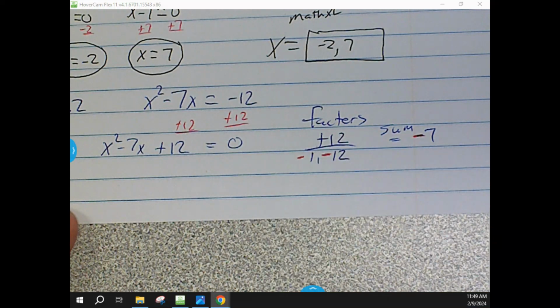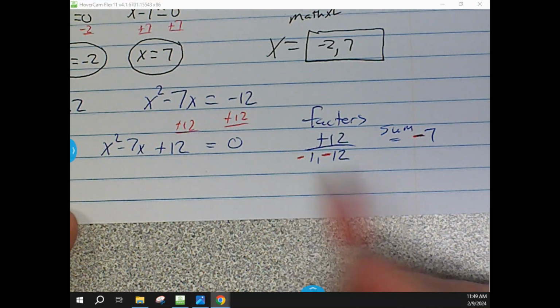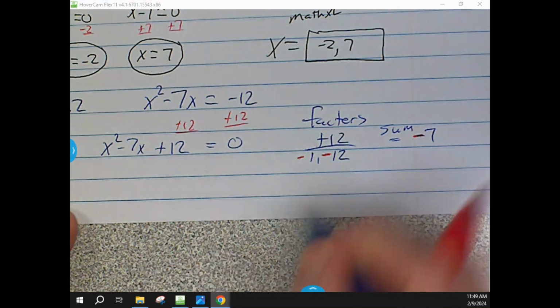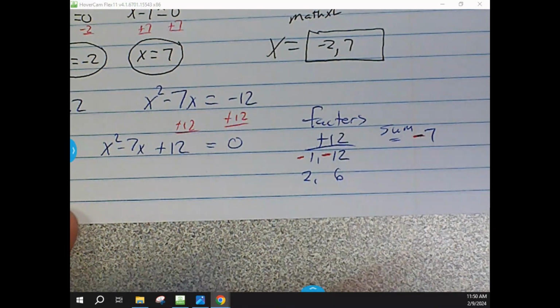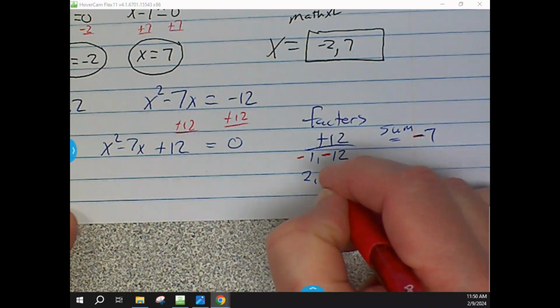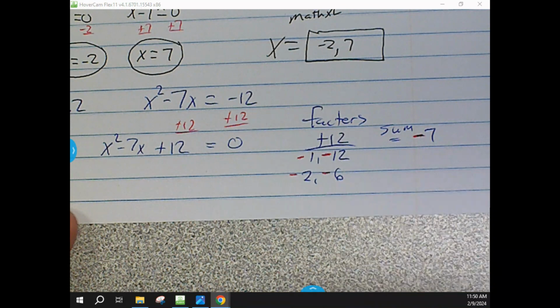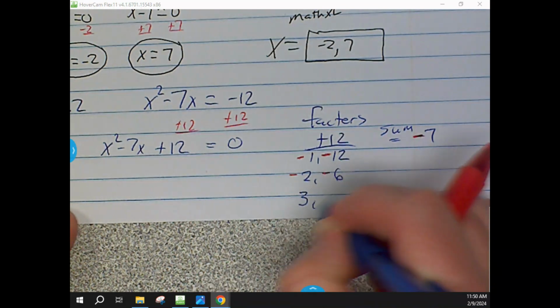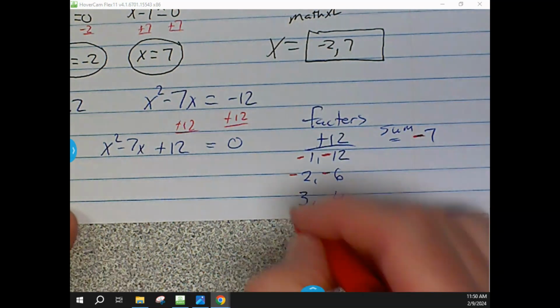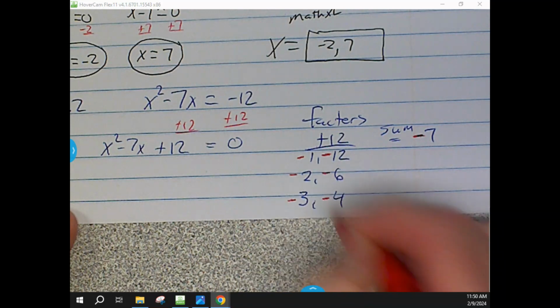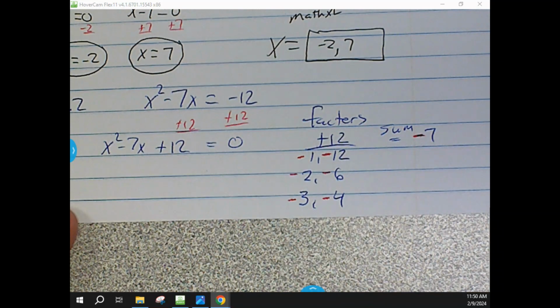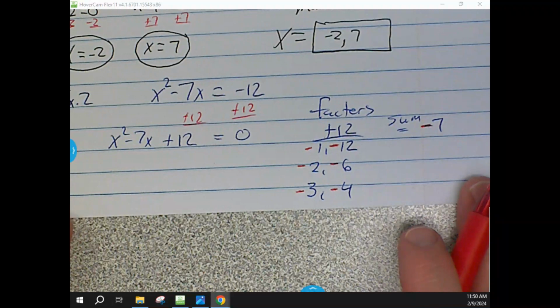So in that case, they're both going to be negative. So 1 and 12 is not going to get us to 7. It could be 2 and 6 because we've got 2 times 6. That gets us close, but doesn't get us to 7. If we go with 3 and 4, that would get us to 7. Or negative 3 and negative 4.